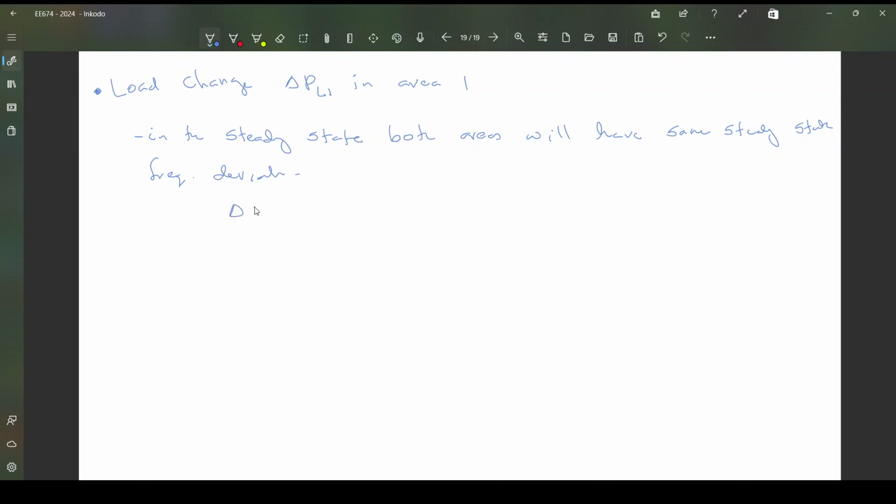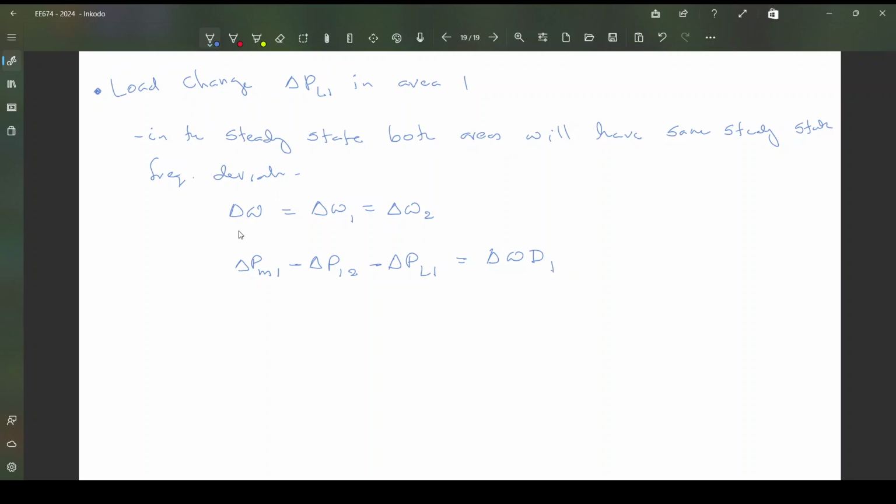That is delta omega would be equal to delta omega 1, and that would be equal to delta omega 2. So delta omega 1 and delta omega 2 will be equal, and let's call it delta omega. Now from our load equation, we can say that delta Pm1 minus delta P12 minus delta PL1, even from the block diagram you can see that this is equal to delta omega T1.